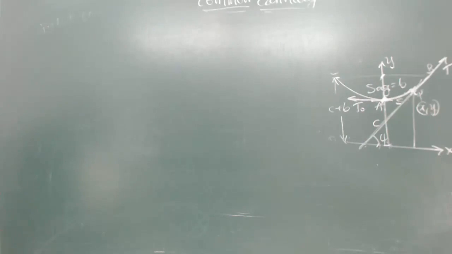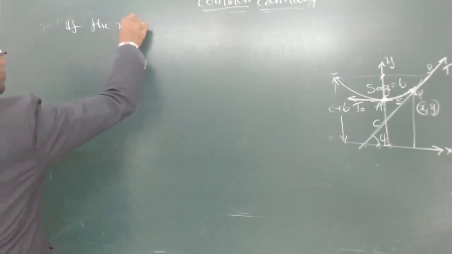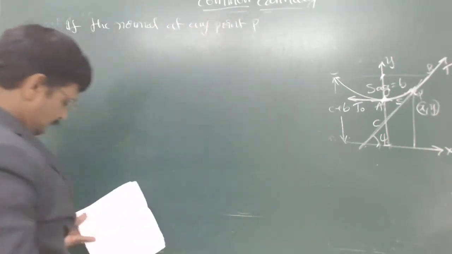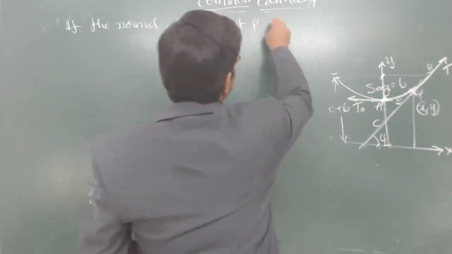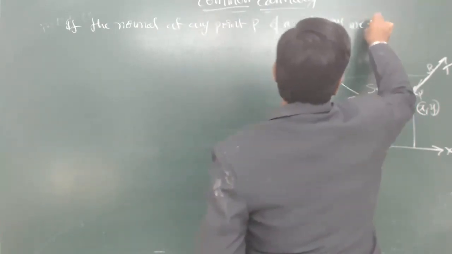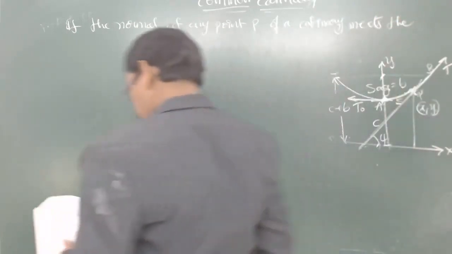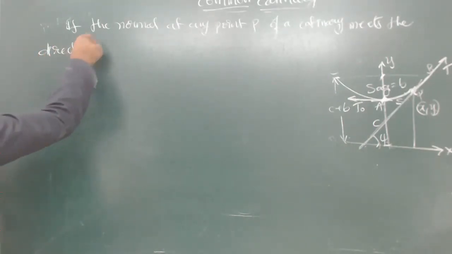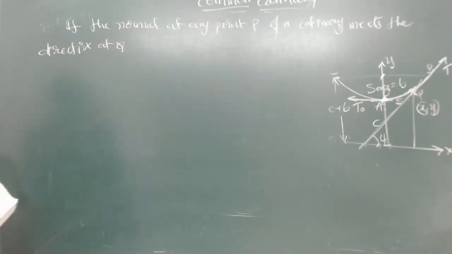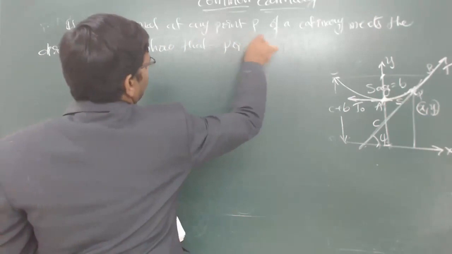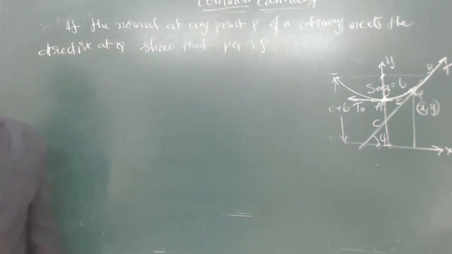Okay. So note down one problem, a small problem. If the normal at any point P of a catenary meets the directrix at Q, show that PQ is equal to rho. So can you try to find this?